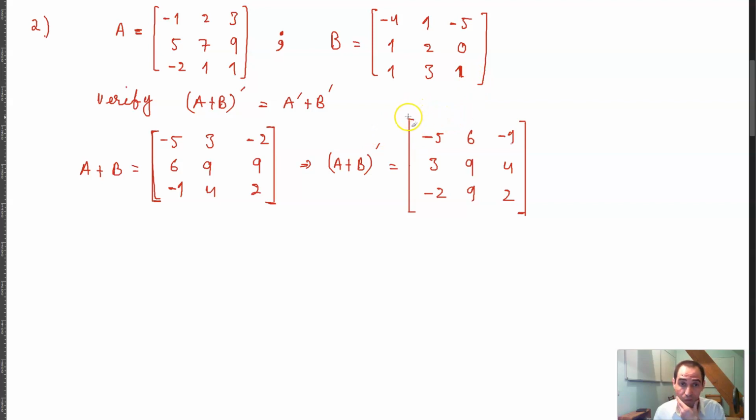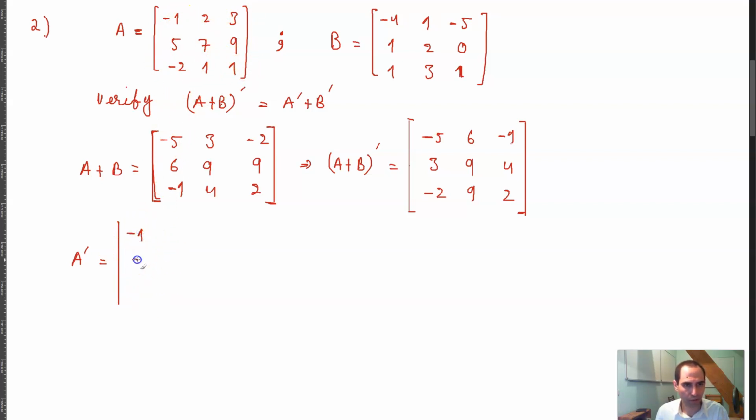Now A prime plus B prime, in order to create this part of the equation, or the right hand side, I have to calculate first A prime, which is basically the transpose of this matrix. Again, I have to make this first row the first column here, the second row the second column, the third row the third column.